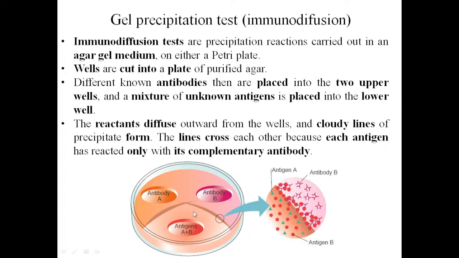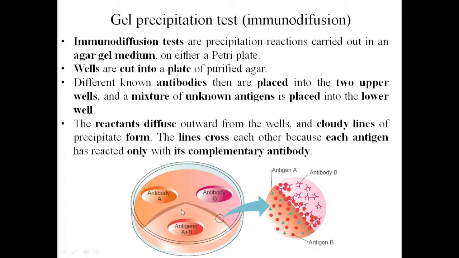So if we, for example, add antibodies against E. coli, and these other antibodies are against Salmonella typhi, let's imagine, and here are unknown antigens, a culture of bacteria isolated from the patient.